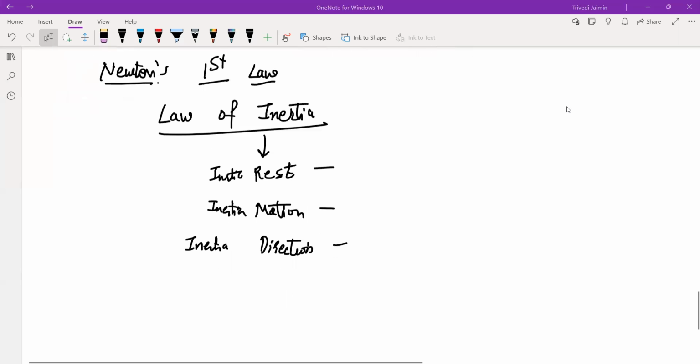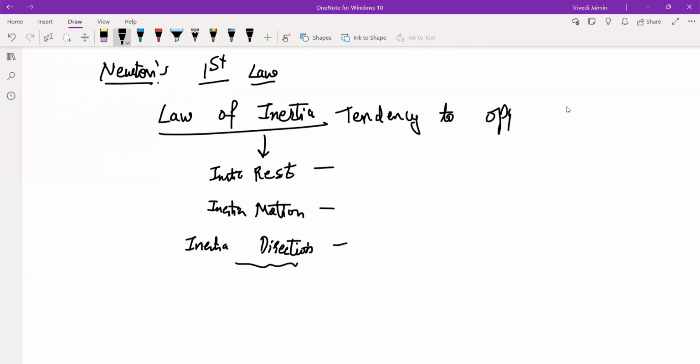Now, inertia of direction. What do you mean by inertia of direction? The direction doesn't change unless an external force acts. Yeah, it resists the change in direction. So it is the tendency to resist or oppose any change.